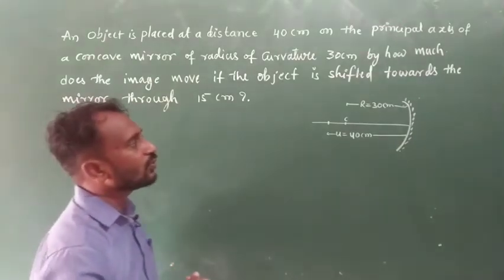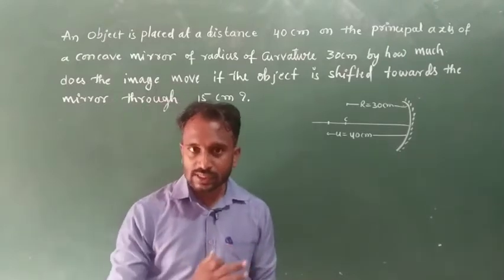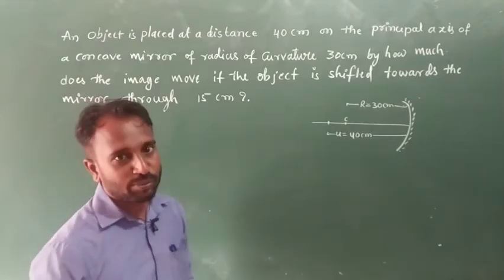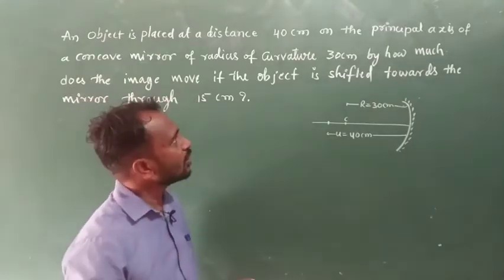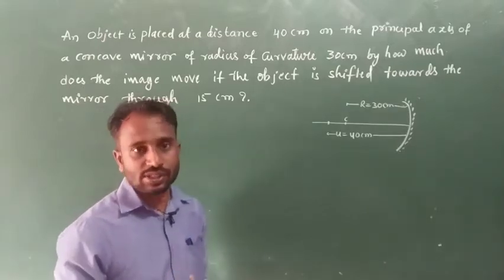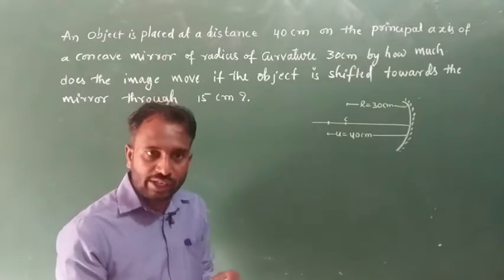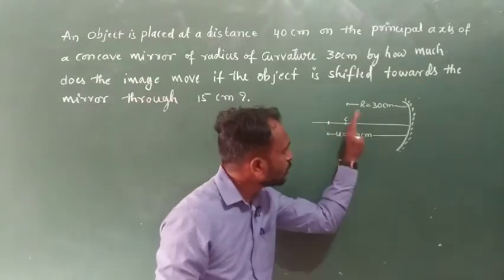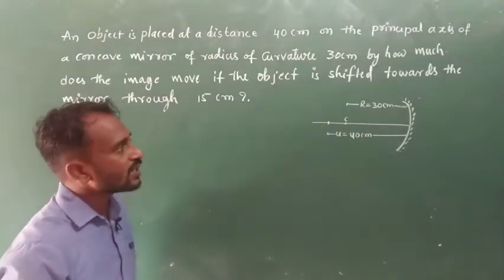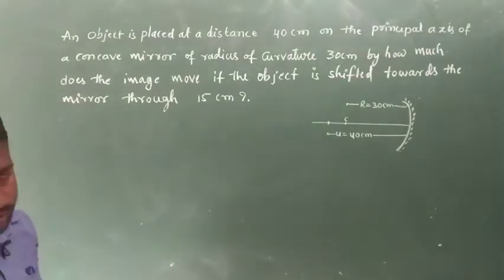First we want to find out the image distance for the object position of 40 centimeter. Then afterwards, the object is shifted towards the mirror by 15 centimeter. So first we calculate the image distance.